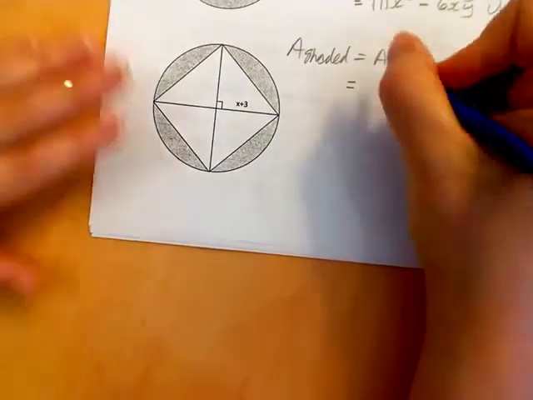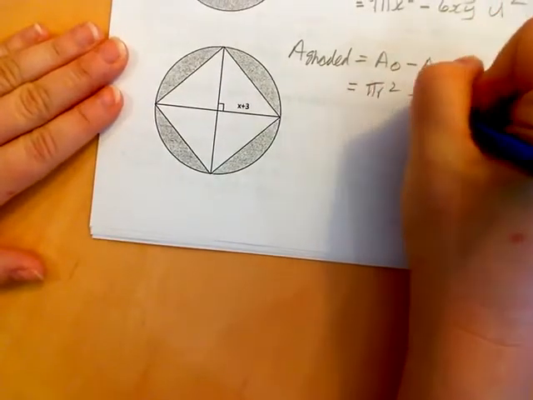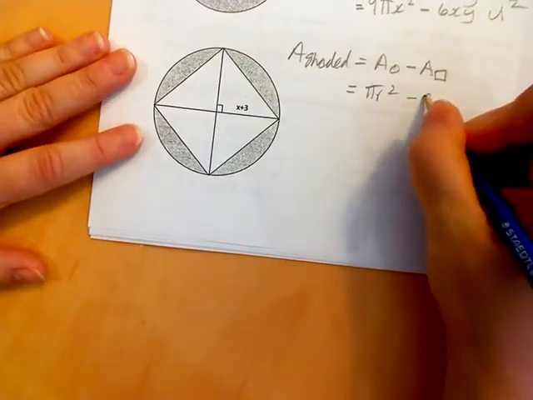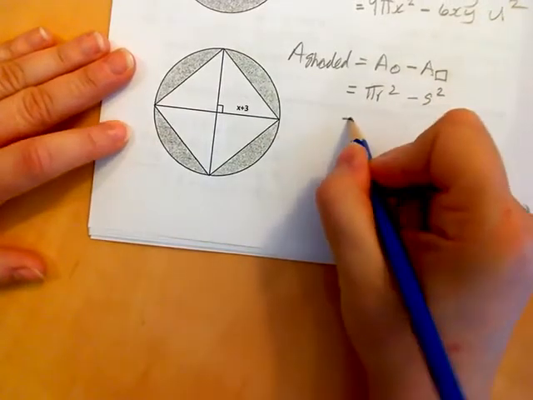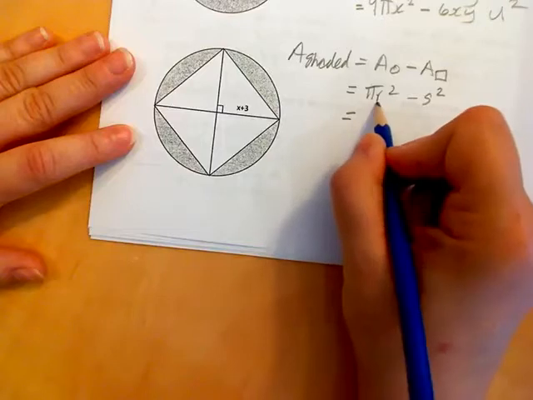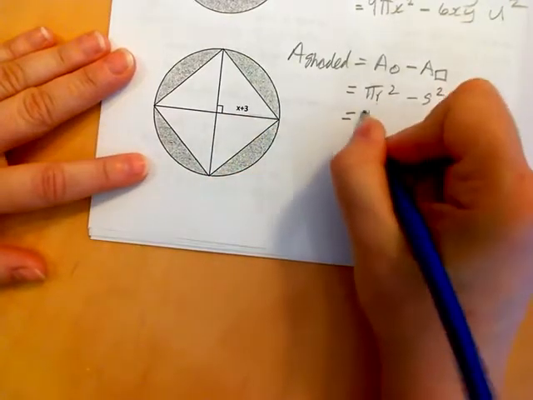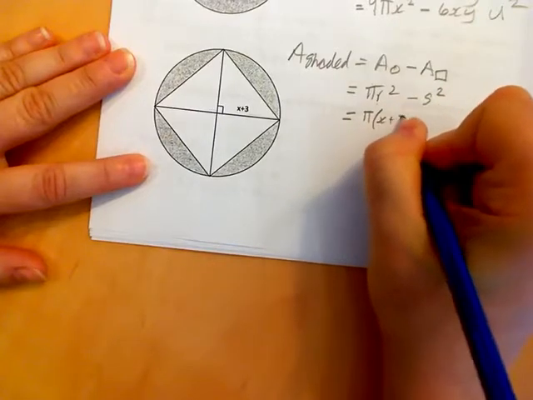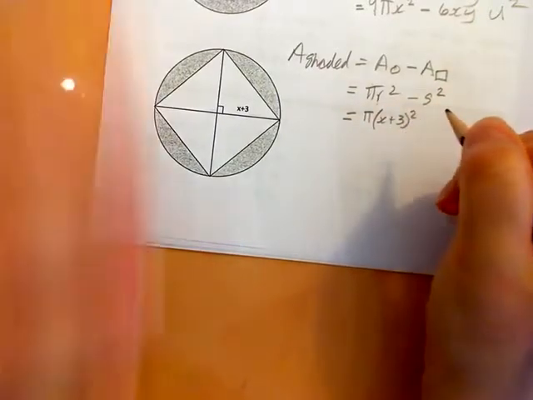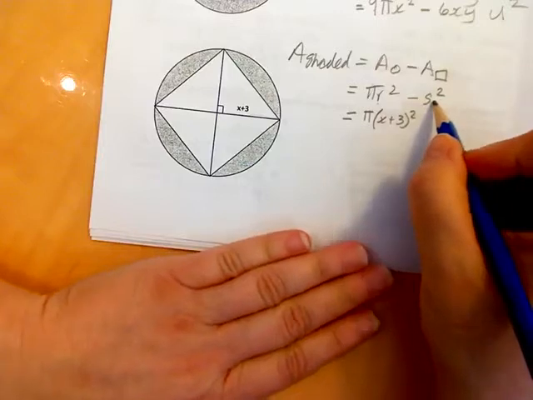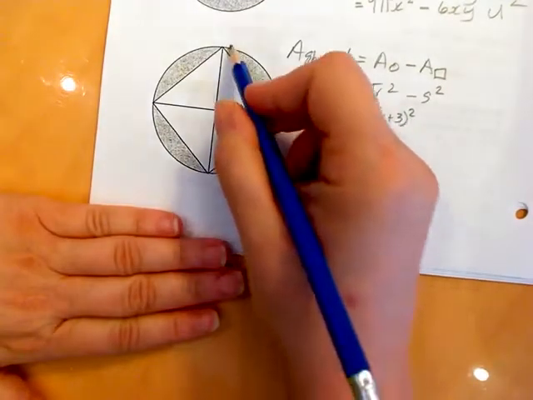Area of a circle is pi r squared, and the area of a square is side squared, or length times width. So the radius is x plus 3, so we've got pi times x plus 3, all squared.